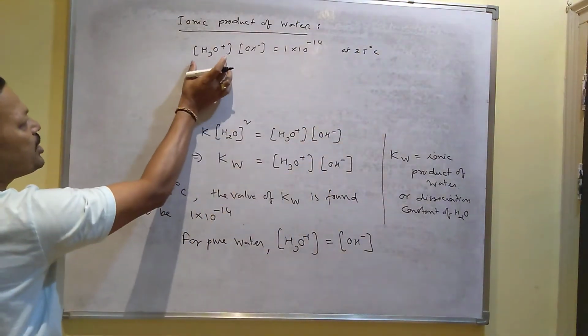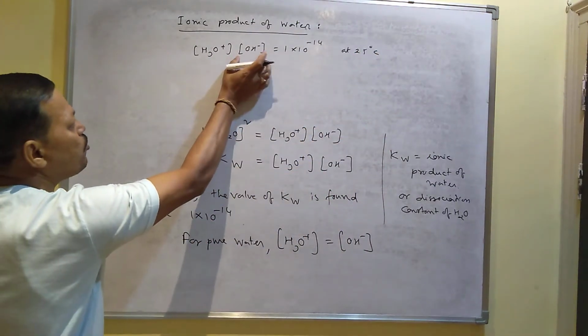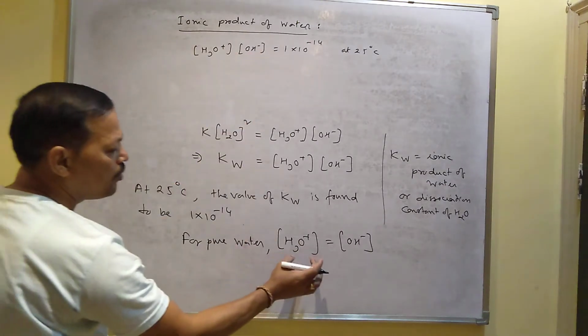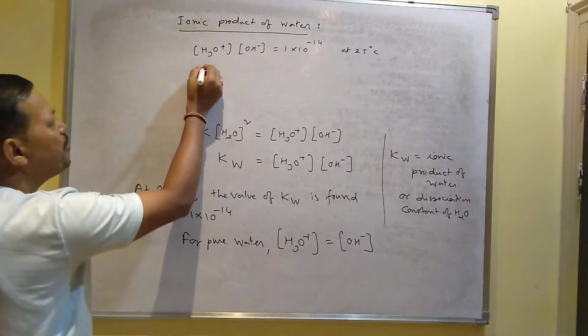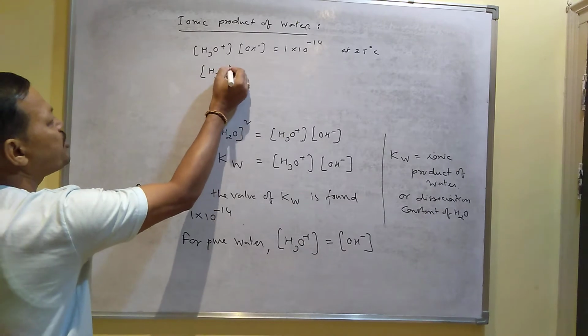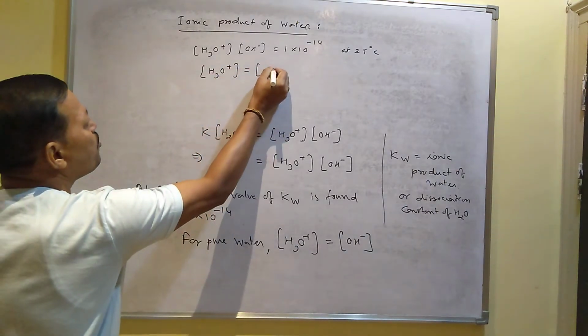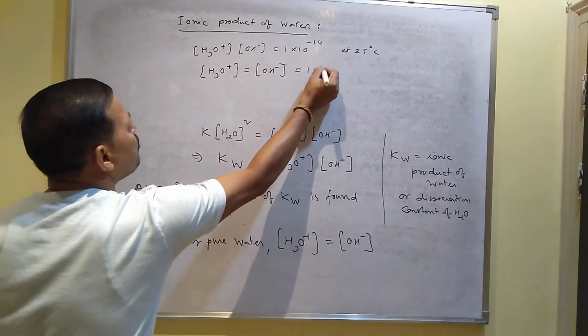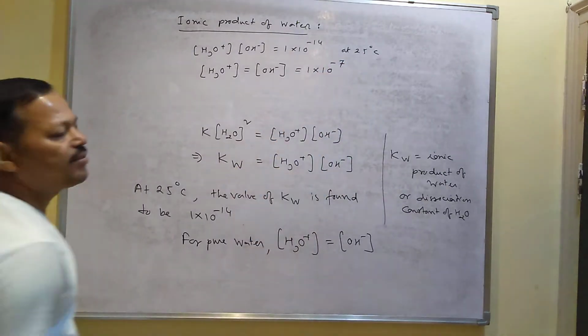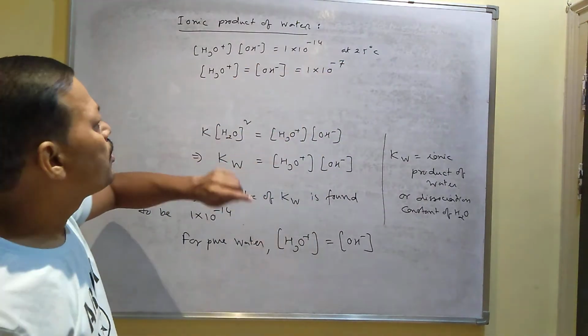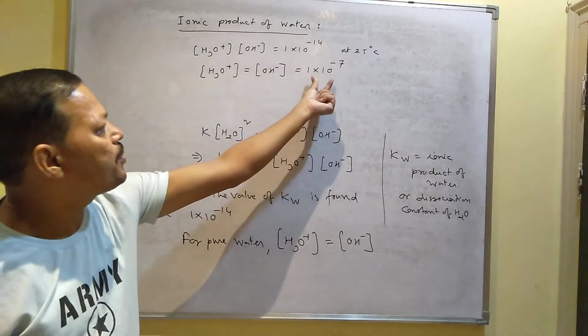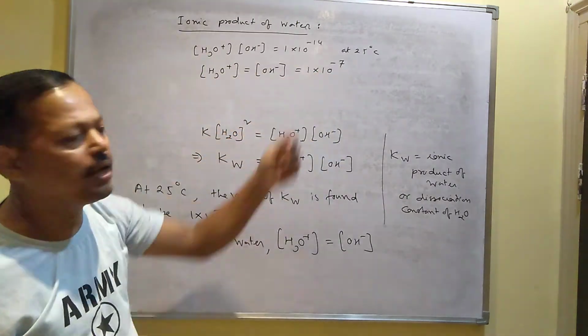And if both concentrations are the same, then you can write the concentration of H3O plus equals the concentration of OH minus, which is 1 into 10 to the power minus 7, I mean half of this. So the concentration of hydronium ion will be this much, and the concentration of OH minus ion will be this much.